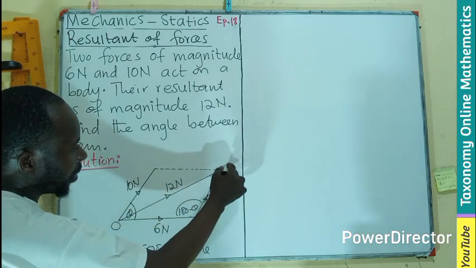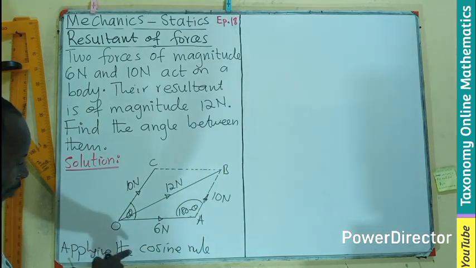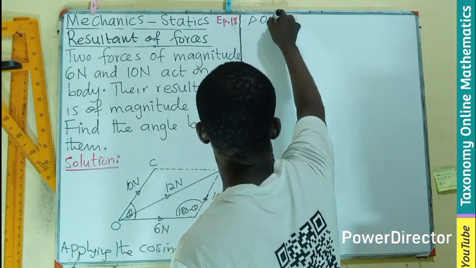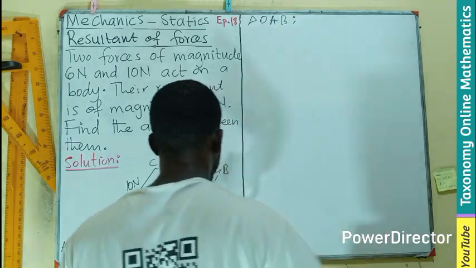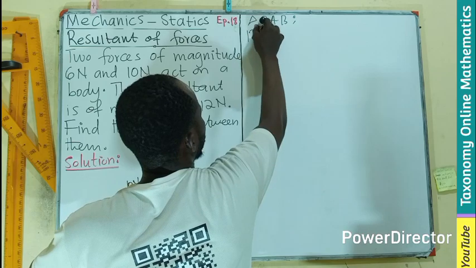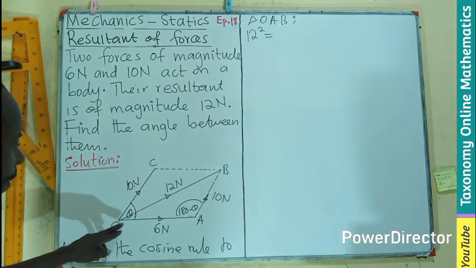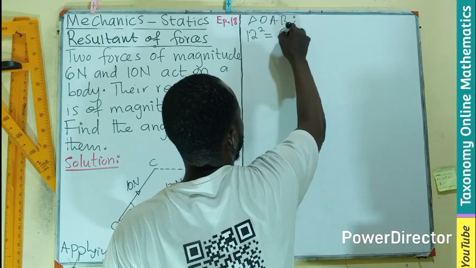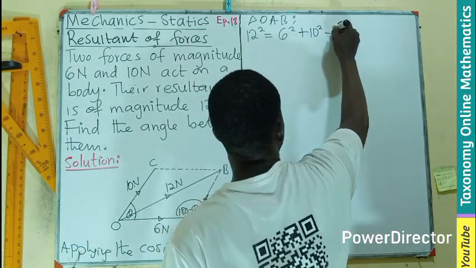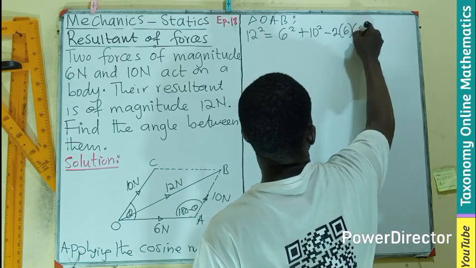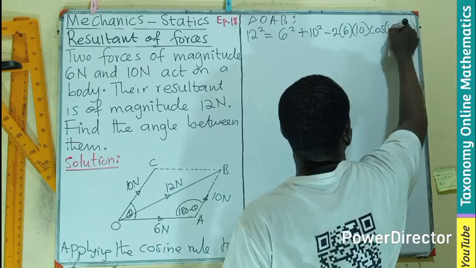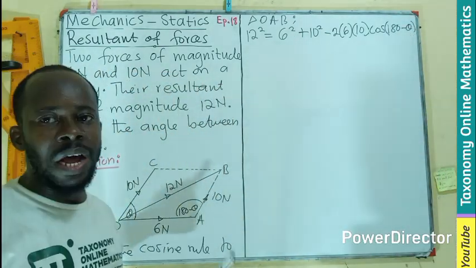Label here as A, B, and C. So applying the cosine rule to the triangle we just labelled OAB, the resultant force 12 squared equals the first force, 6 squared, plus the second force, 10 squared, minus 2 times the first times the second times cos of 180 minus theta, by the laws of the cosine rule.